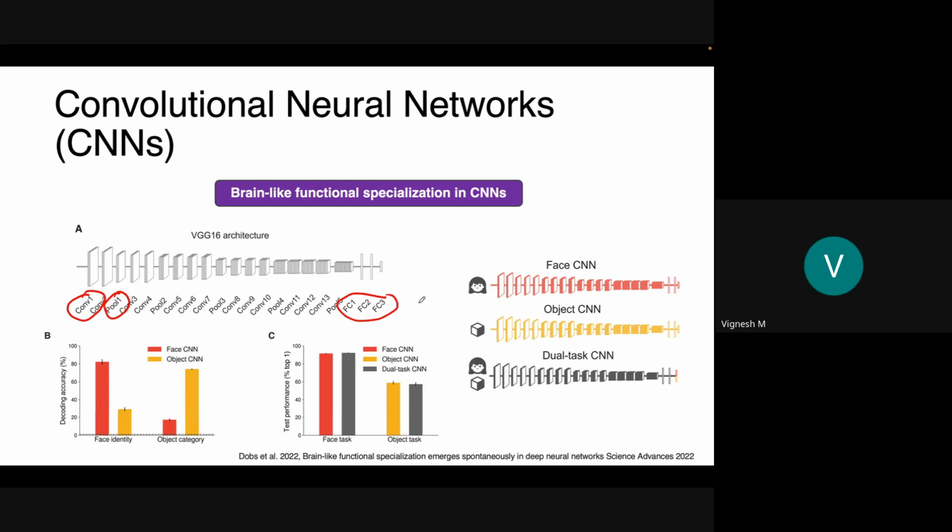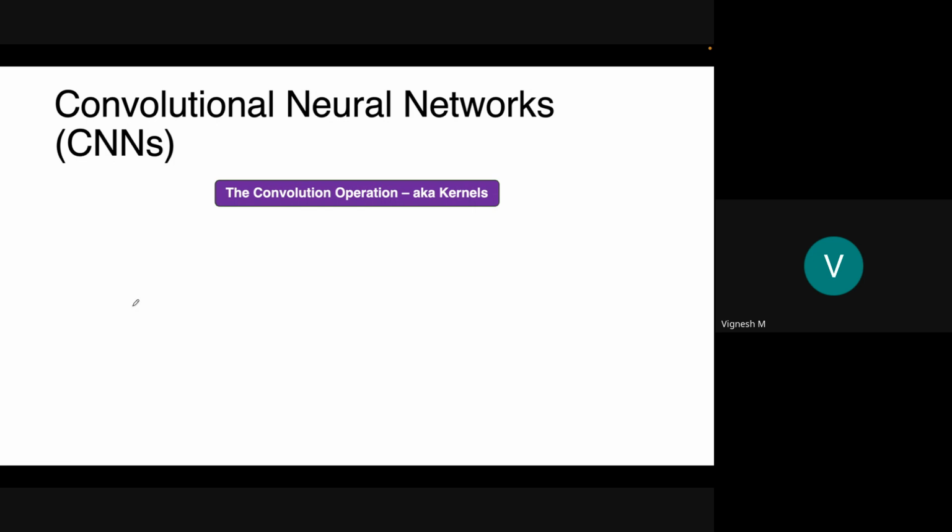But as I said yesterday, this can be replaced with anything, because what you get at the end, as you go deeper into the convolutional neural network, are more abstract representations of the image. So that can be used for pretty much anything, right? So that's the idea.